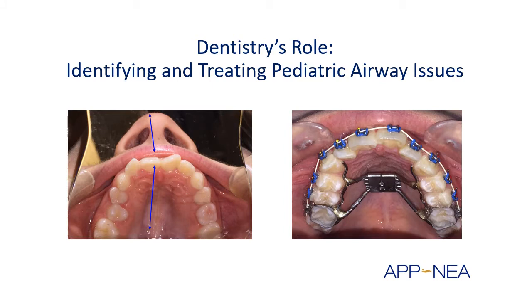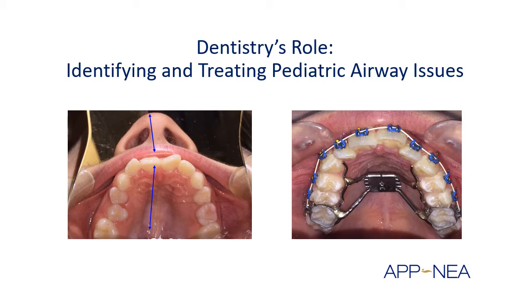It is estimated that 12% of the pediatric population suffers from OSA, and an estimated 90% of those kids are undiagnosed. It is also estimated that 60% of the pathologic conditions contributing to the development of OSA are of craniofacial phenotypical origin, and 40% are anatomic.